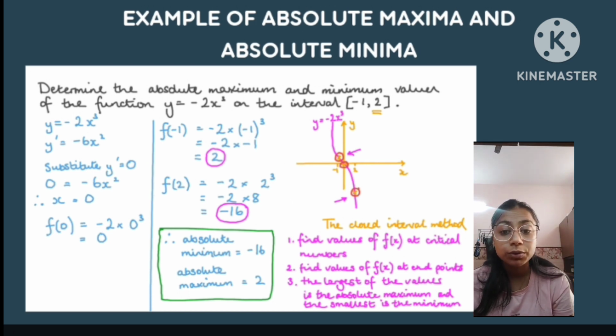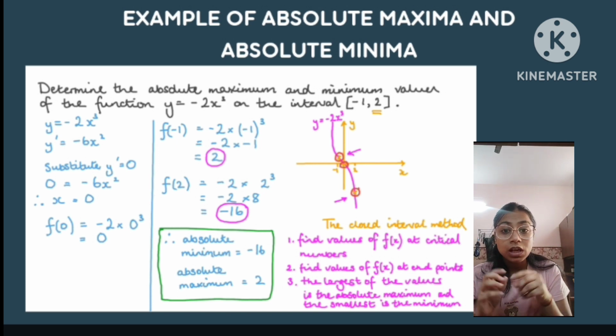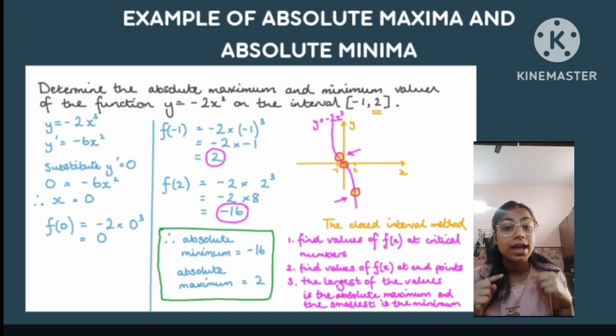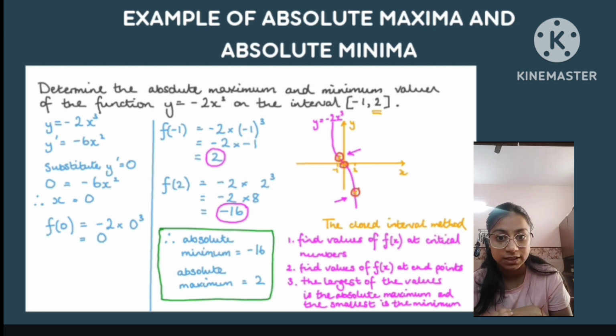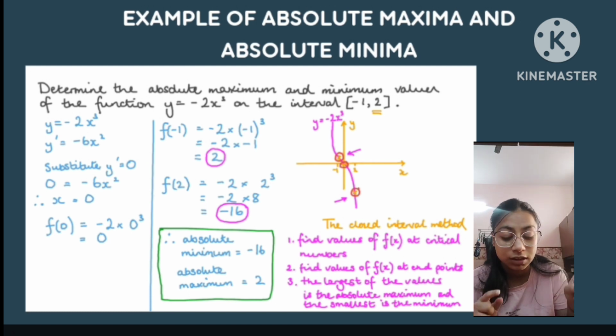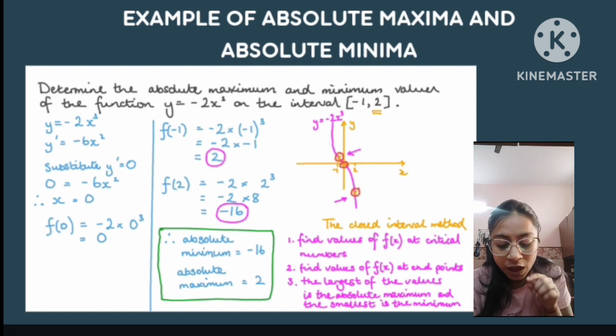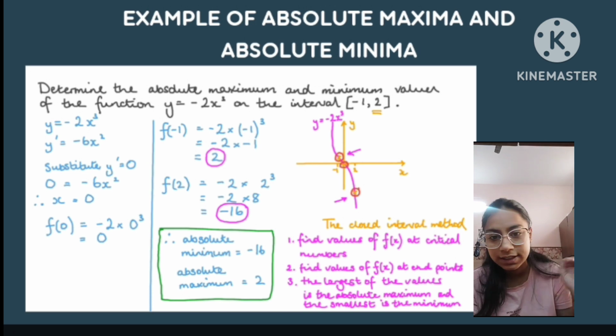In absolute maxima and absolute minima, we also consider the endpoints. So we'll not say that 0 is either our minima or maxima. First we'll find f of minus 1, meaning the closed interval values also, which will be 2, and f of 2 will be minus 16, and f of 0 is 0.